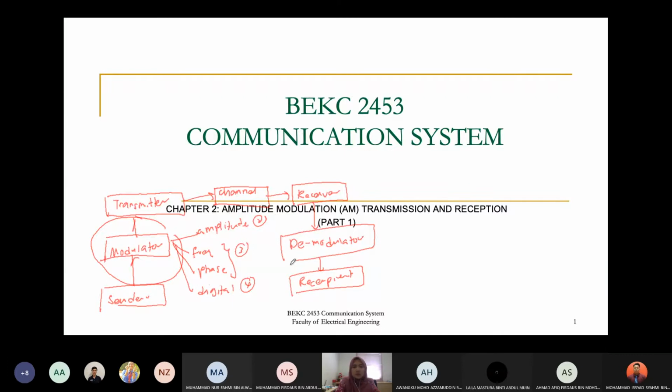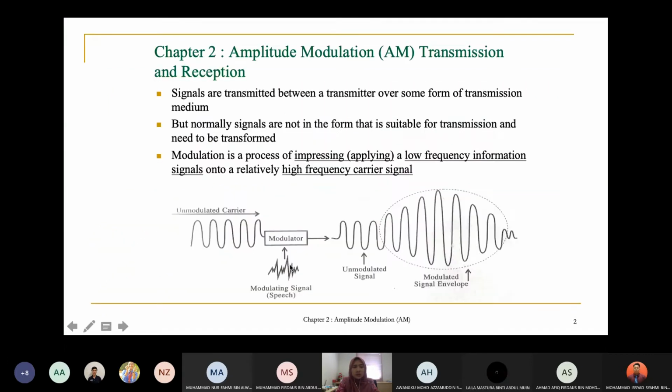Now let's look at what is modulation. If you still remember the function of the modulator itself, basically its function is to convert the original signal, or the information signal that we want to send, into a signal that is suitable for the transmission channel.